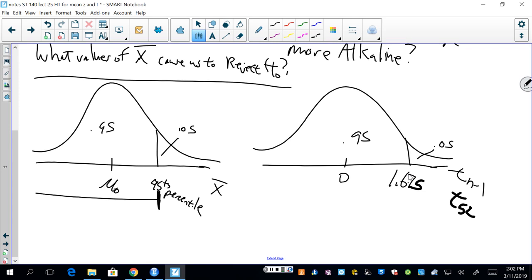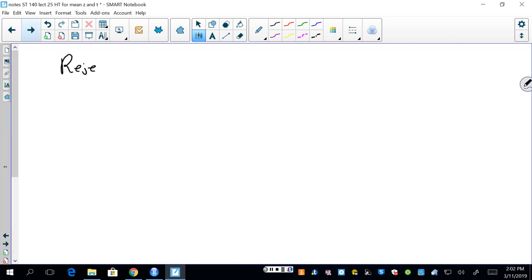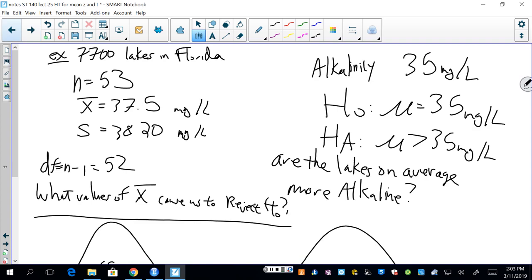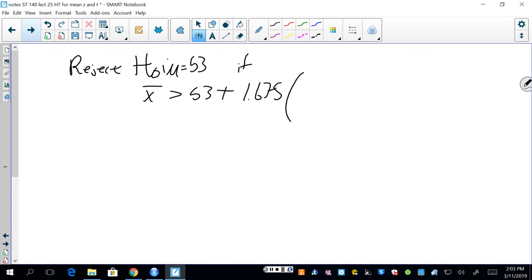So what values of x bar? We're going to reject if x bar is more than 1.675 standard errors bigger. So we reject the null hypothesis that it is 35 if x bar is greater than 35 plus 1.675 times standard error. 35 is the null value, and 53 is the sample size.